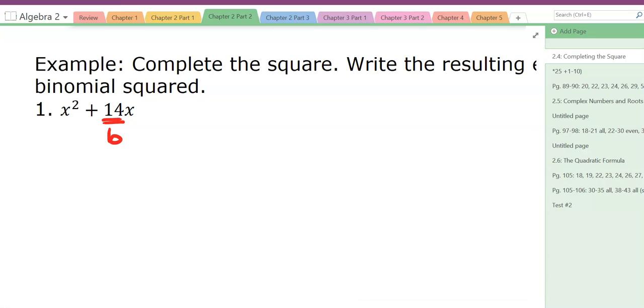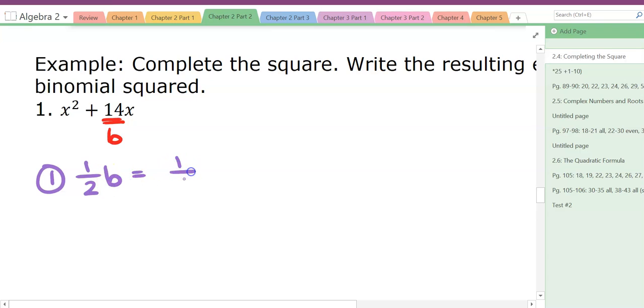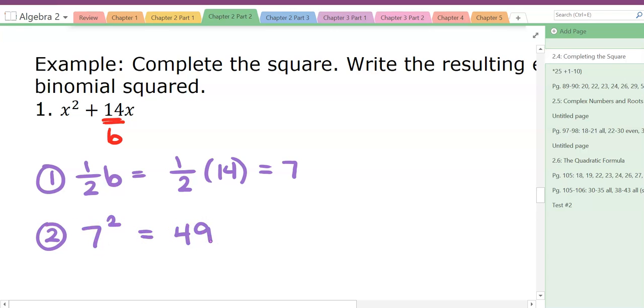Step one is to take that b term and cut it in half, so we're going to take 1/2 times the b. That would be 1/2 times 14, which is 7. Step 2 is to take that 7 and square it, and that gives me 49.